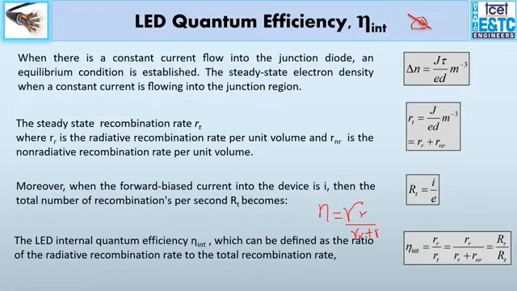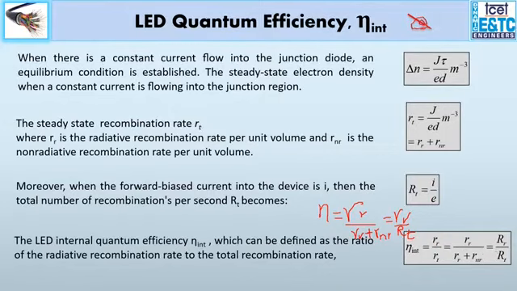Is it clear? What I'm doing is taking the radiative recombination divided by the total recombination. What is total recombination? It's because of the total current, so the rate will be I by E. So your quantum efficiency is radiative recombination by total.